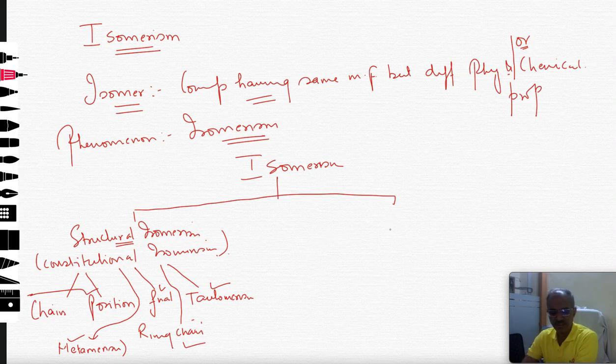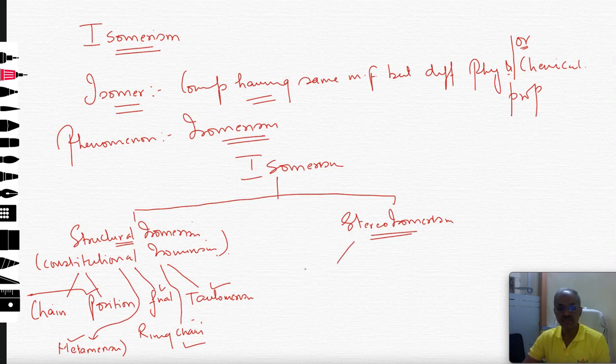For now, the second part is known as stereoisomerism. In stereoisomerism there are only two types.